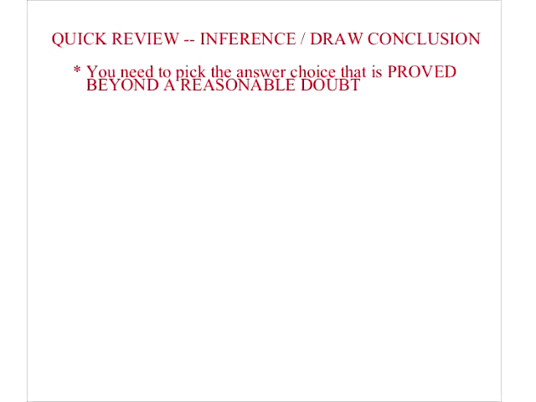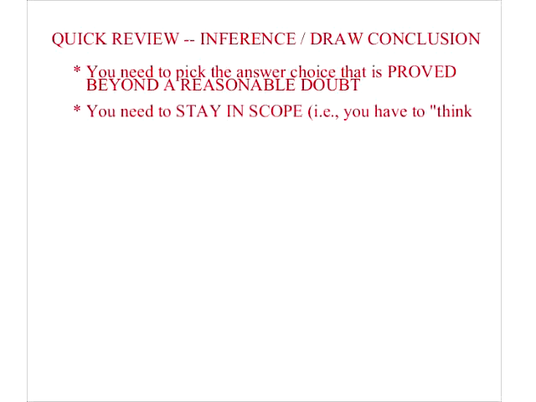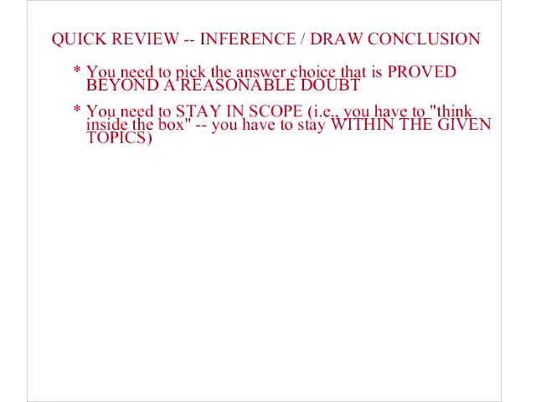And that means you need to stay in scope of the passage. In other words, instead of thinking outside the box, you have to think inside the box. You have to stay within the given topics. And that's pretty much a summary of this. So here you go: prove beyond a reasonable doubt. Stay in scope.